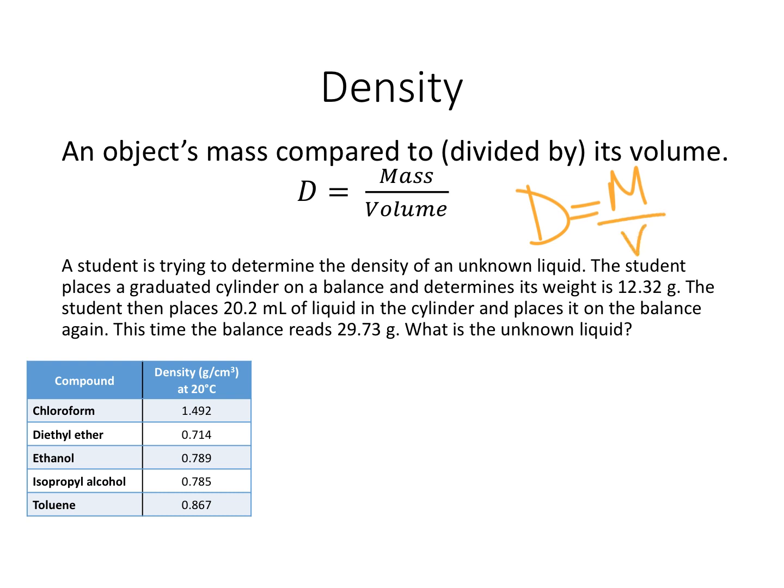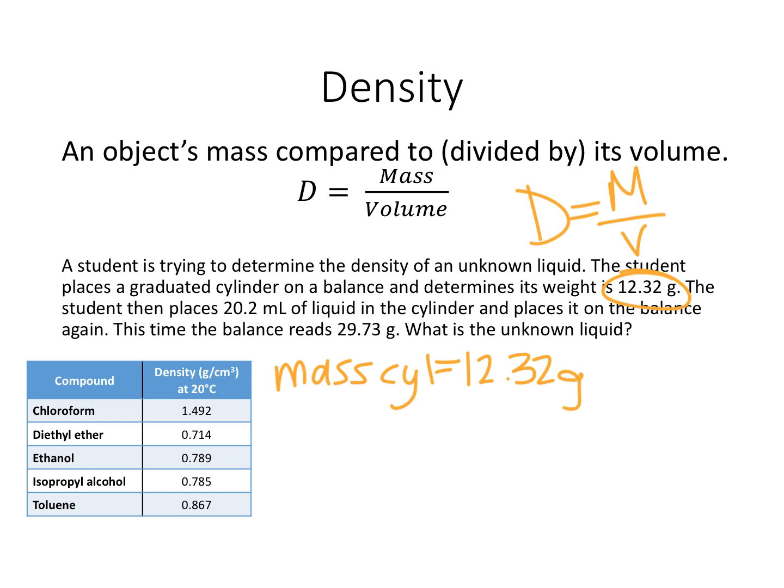So if a student was trying to determine the density of an unknown liquid, the student placed a graduated cylinder on a balance and determined the graduated cylinder's weight is 12.32 grams. That's the mass of the cylinder: 12.32 grams.